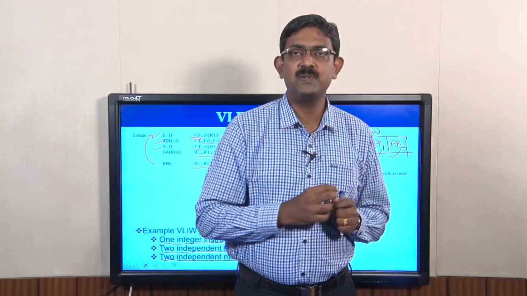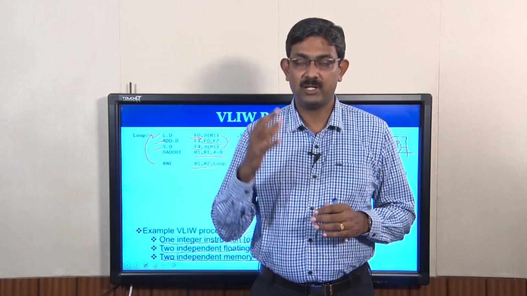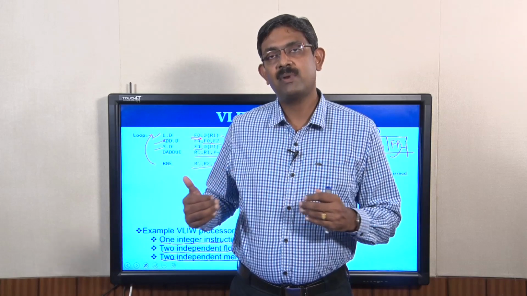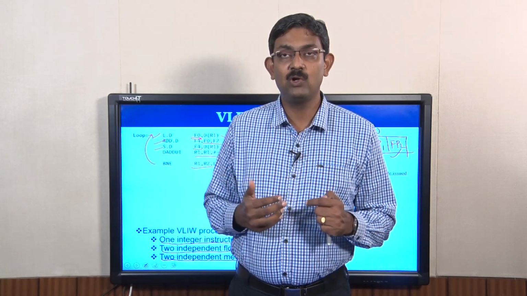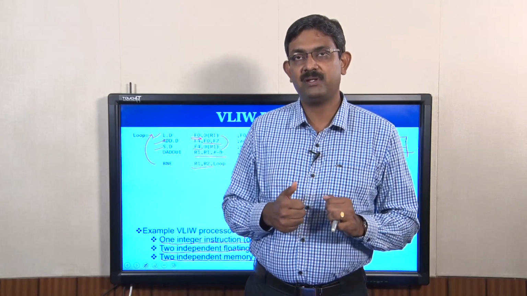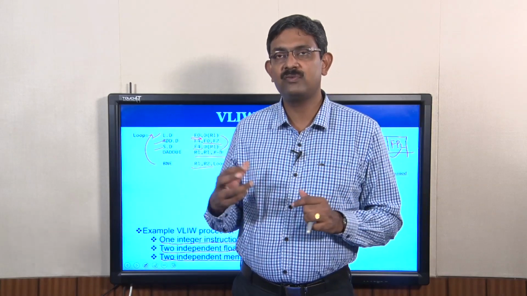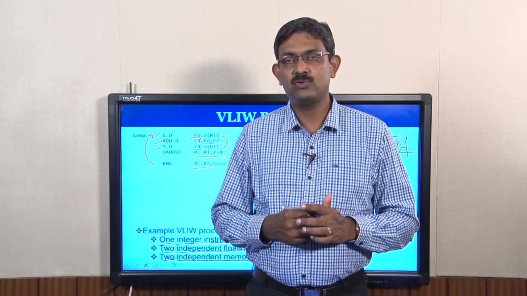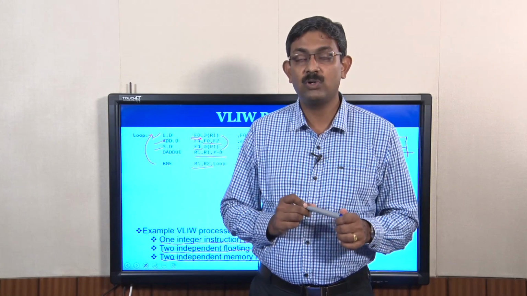But in the code that has been shown, there is one load, one ALU operation, then there is one floating point unit operation, another one is a store, and then you have a branch operation. That is a total of 5 instructions given in the loop, and the loop is being repeated. So, it is very difficult to make use of the 2 floating point units working together.